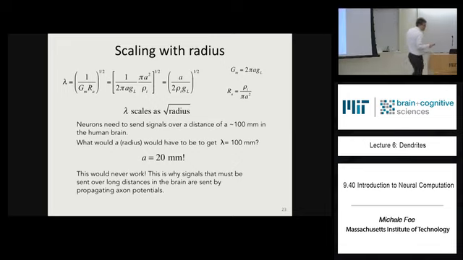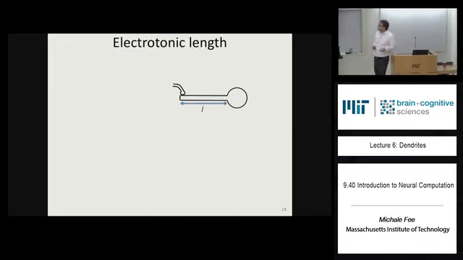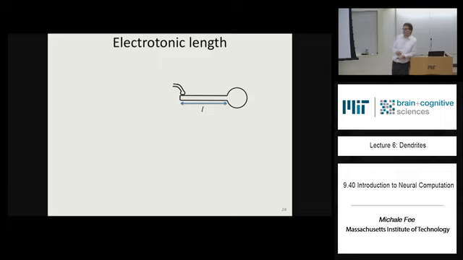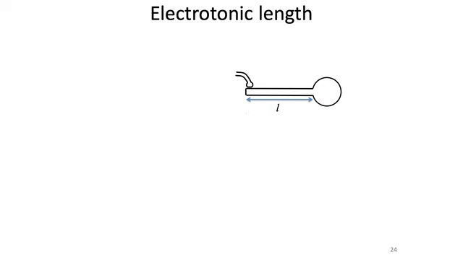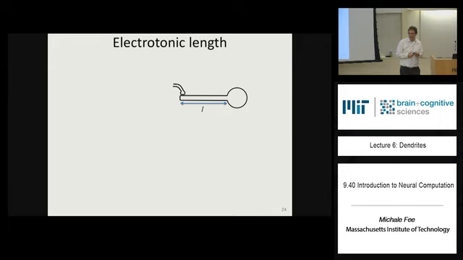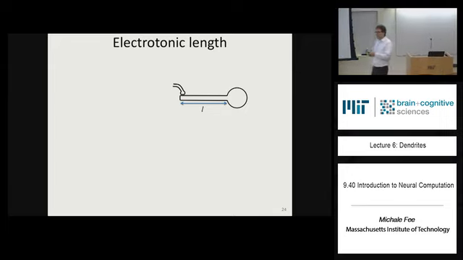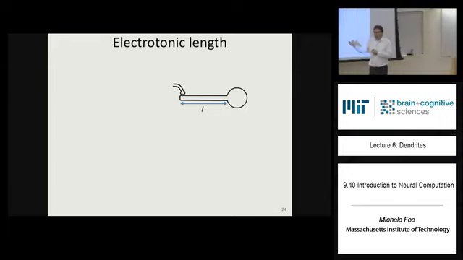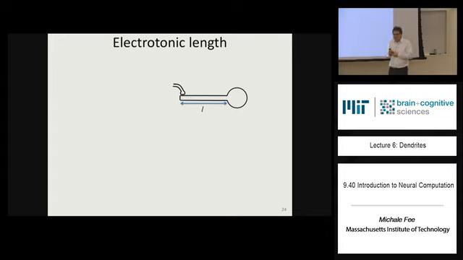All right. So I want to just introduce you to the concept of electrotonic length. Right? And the idea is very simple. If we have a piece of dendrite that has some physical length L, you can see that that length L might be very good at conducting signals to the soma, if what?